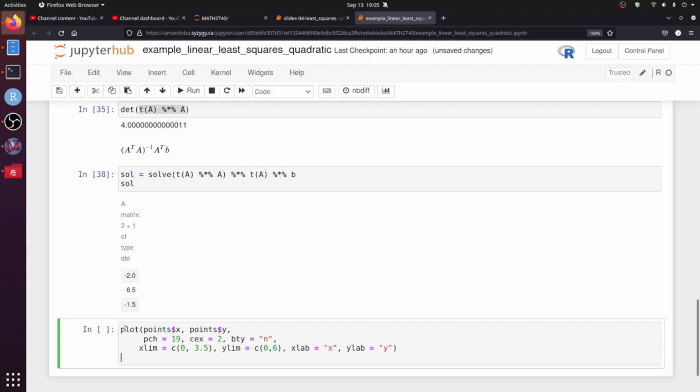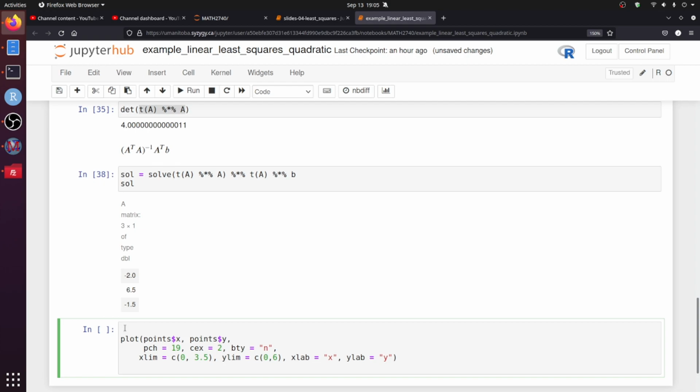Here, this is a bit more complicated because it's not a straight line, and there is no straightforward function to do this. Actually, why not? Let's make a function. Let's say that f is the quadratic, let's call it fq for quadratic. Because functions are really useful, I'm going to emphasize the use of it. So the function is going to be a function of x and of the solution.